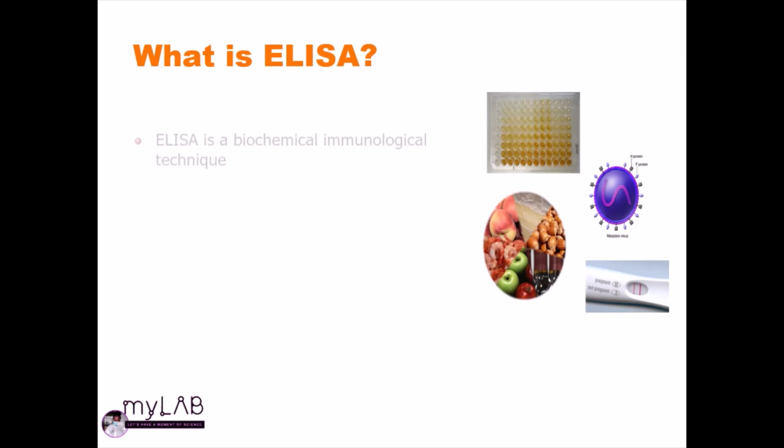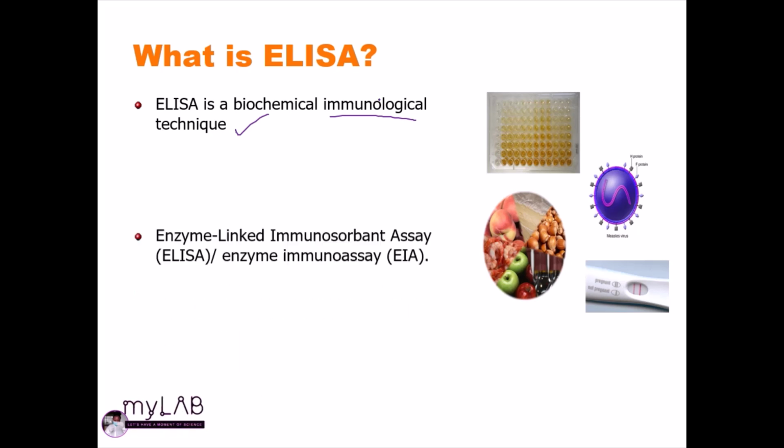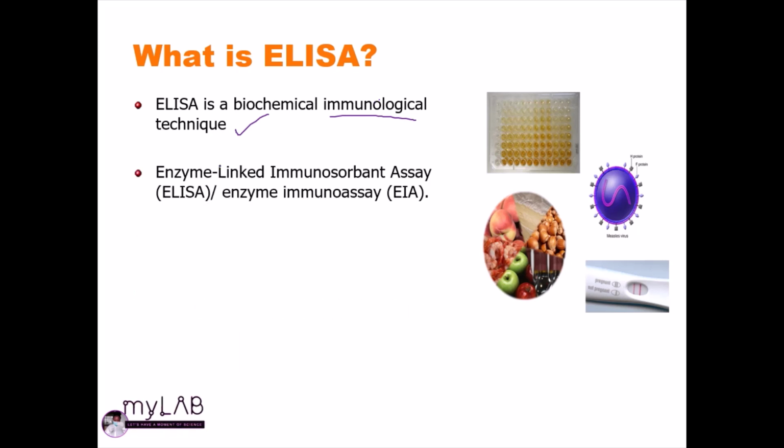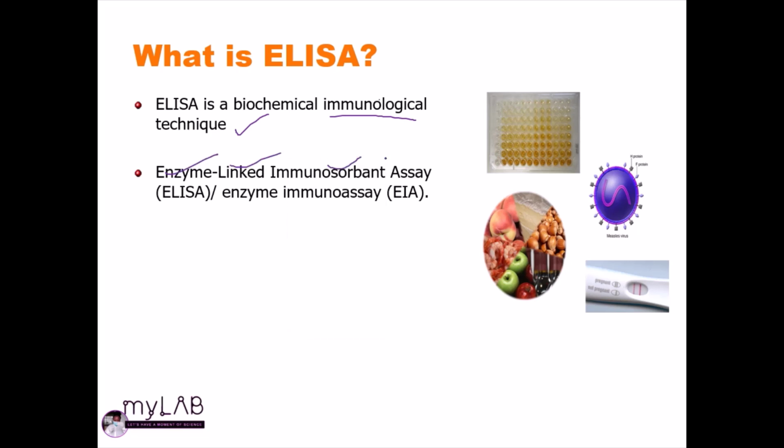ELISA is a biochemical immunological technique, and immunological here means the reactions between antibodies and antigens. In full, ELISA stands for enzyme-linked immunosorbent assay, or sometimes we call it enzyme immunoassay, EIA.